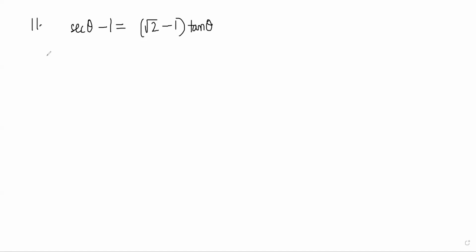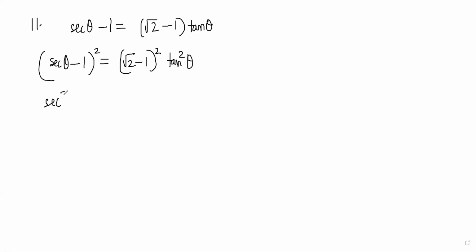I don't think so. So let's square it. Sec theta minus 1 whole square is equal to root 2 minus 1 whole square tan square theta. So you'll get sec square theta plus 1 minus 2 sec theta is equal to root 2 minus 1 whole square and tan square theta.